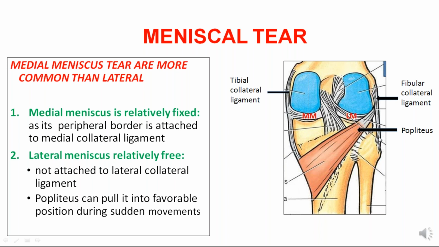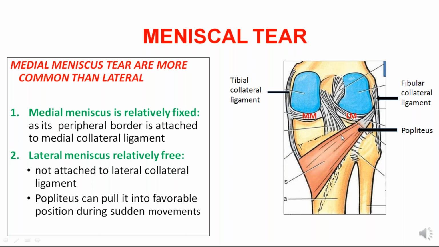And if we look at the lateral meniscus and its relation with the fibular collateral ligament, or the lateral collateral ligament, it is free from the lateral collateral ligament. There is no attachment to the lateral collateral ligament. In addition to that, the muscle related to the posterolateral aspect of the lateral meniscus that we discussed in the previous lecture was the popliteus muscle.